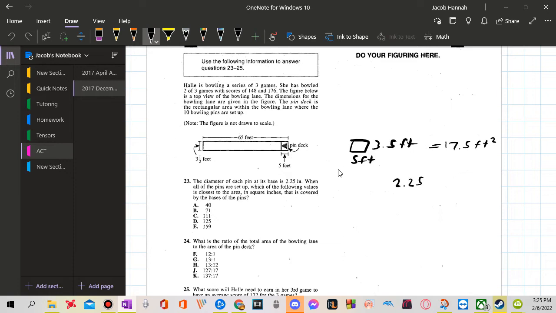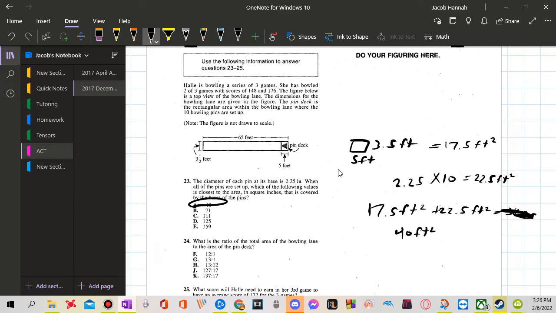Well, so, okay, there's 10 of them. So that'll be 22.5 feet squared. So we do 17.5 feet squared plus 22.5 feet squared. And that's 39.75. No, that's 40. 40 feet squared. So, that's a dumb question.